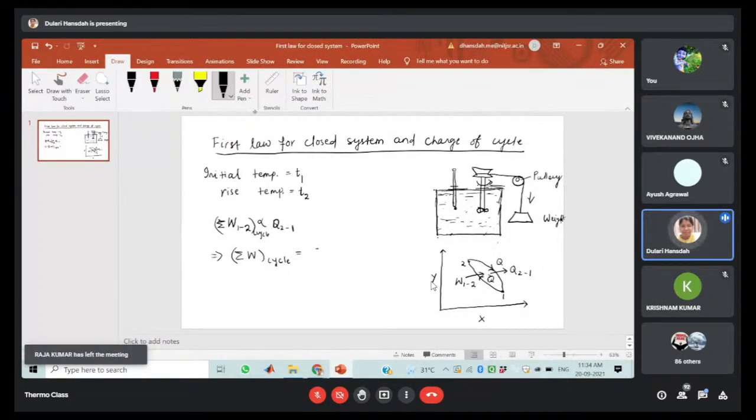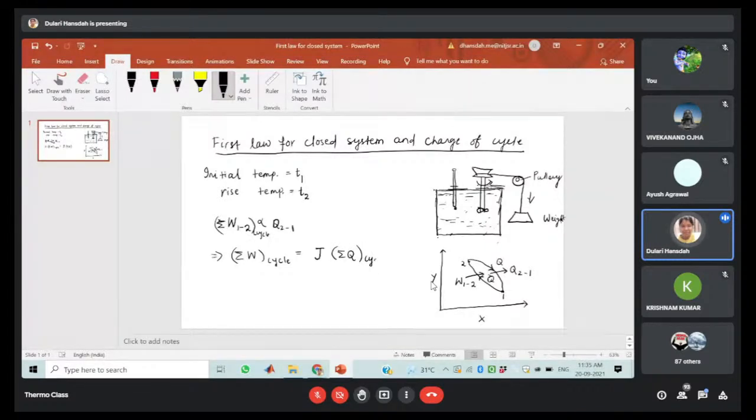So this proportionality constant we can write as J, which is known as the Joule equivalent, or it is also known as the mechanical equivalent of heat. So we can write like this.